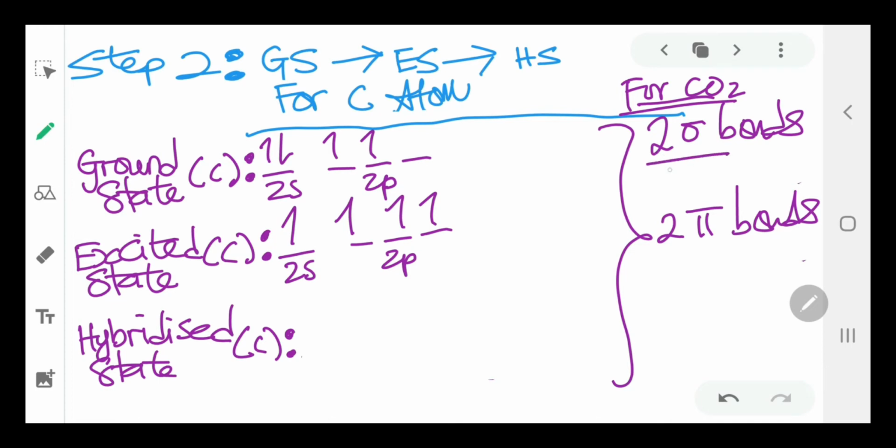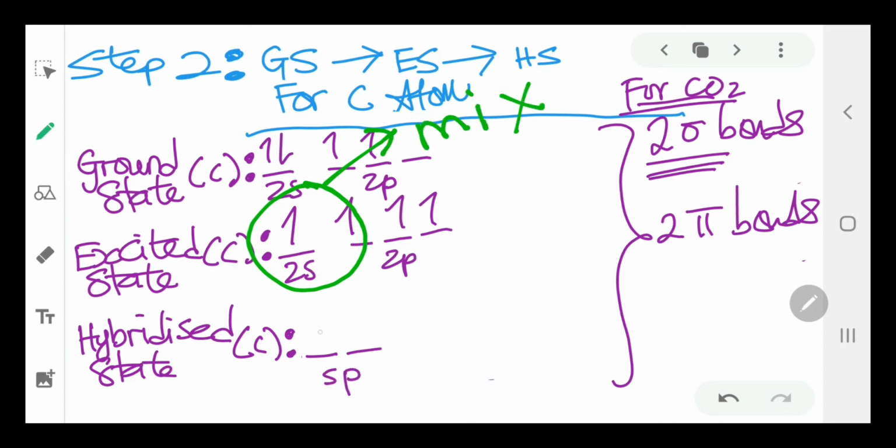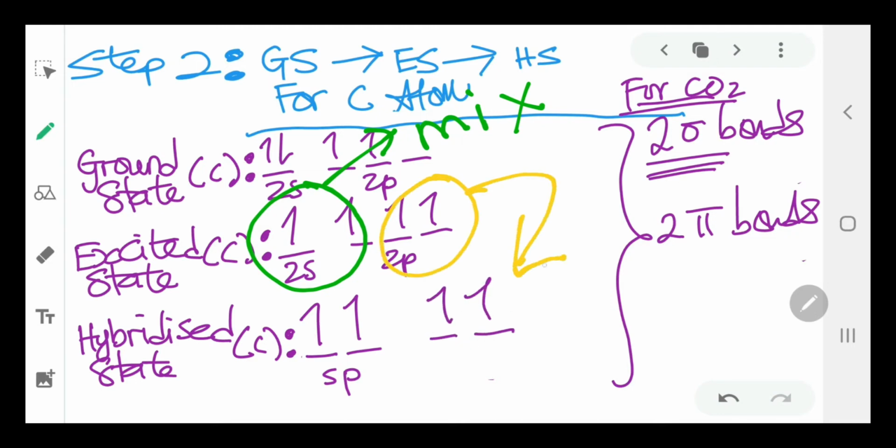So when you have two sigma bonds over here, you only need to mix 1 and 2. So you mix that 1s and 1p. You get sp hybrid orbital. So these are the only two unpaired electrons you're going to be using for the sigma overlapping. And then the other two right over here, you have 2 remaining over there.